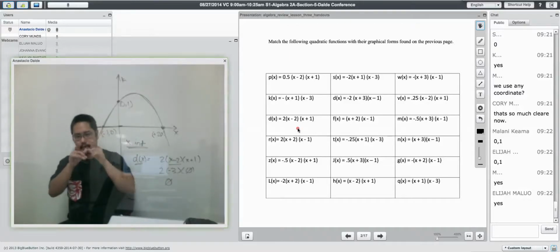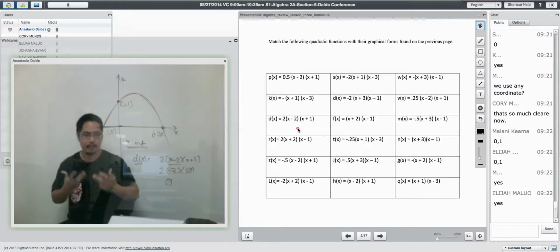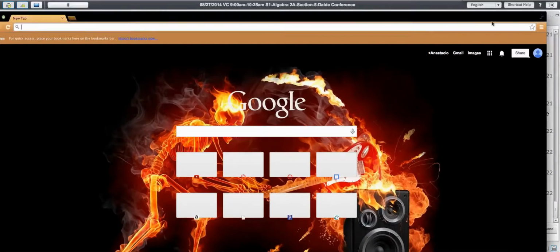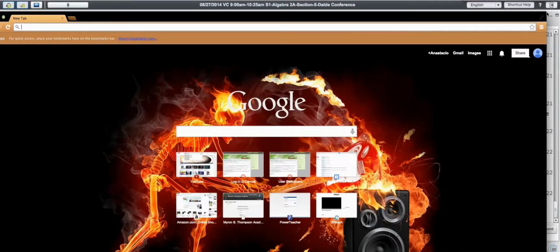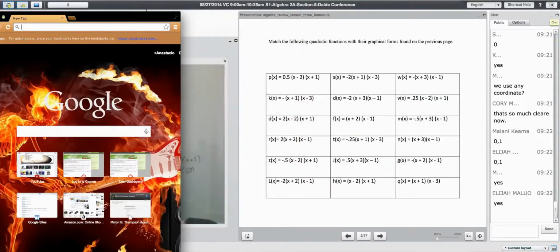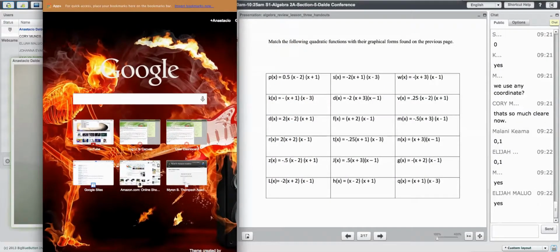So I want you to take a look at Desmos. Go down to the bottom of your screen, type in, or click on the Desmos. I know I uploaded it to your Google Chromebooks. I'm going to switch over to Desmos. You won't be able to see my computer screen per se, but I want you to type in Desmos. I want you to go down to the graphing calculator. All right.